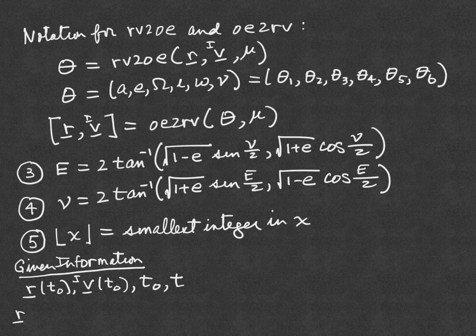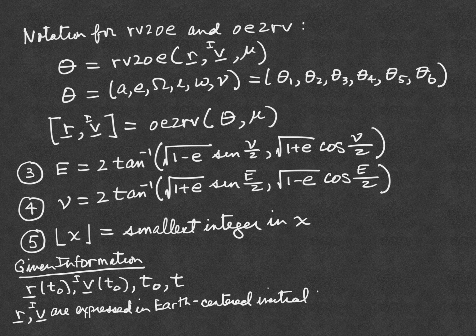So r and vi are expressed in Earth-centered inertial Cartesian coordinates. And we'll just abbreviate Earth-centered inertial as ECI. So that's important. We're going to have everything in Earth-centered inertial Cartesian coordinates.